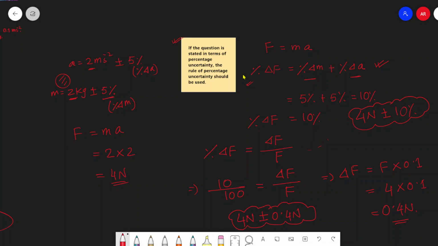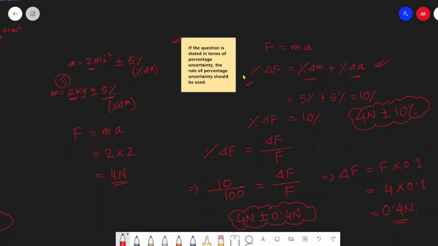We didn't add the percentage uncertainty directly when two quantities are in the form of addition or subtraction. What we had to do there was convert the percentage uncertainty into the absolute uncertainty, and then calculate the absolute uncertainty by directly adding them up.